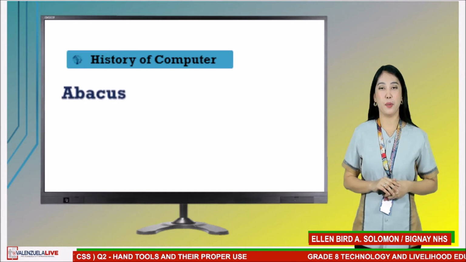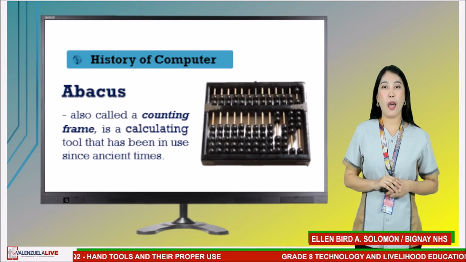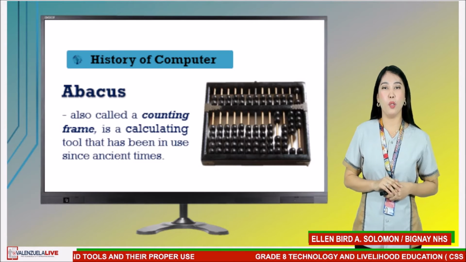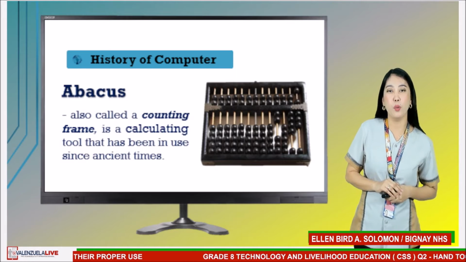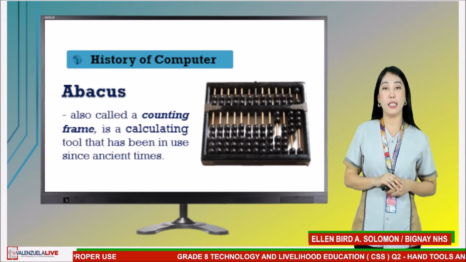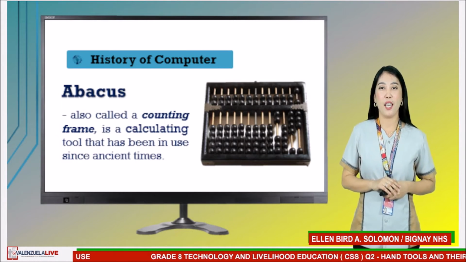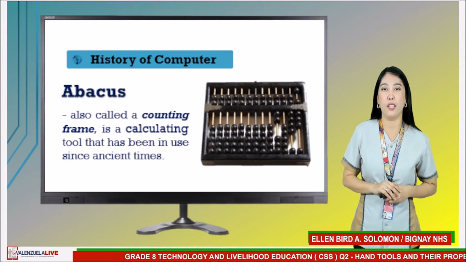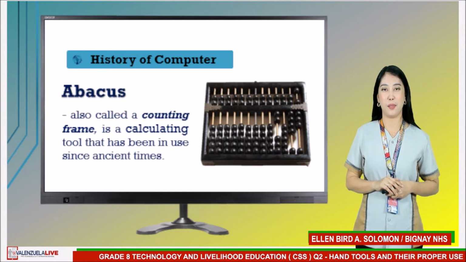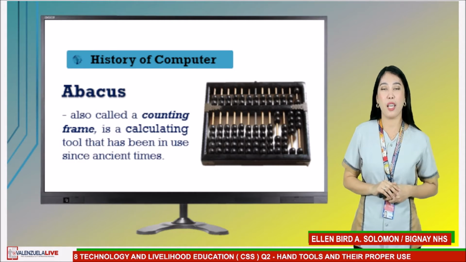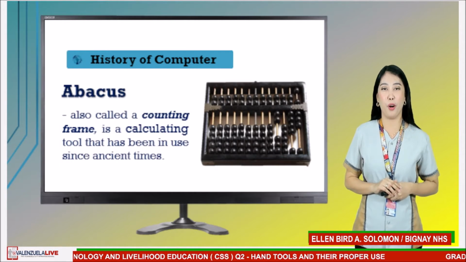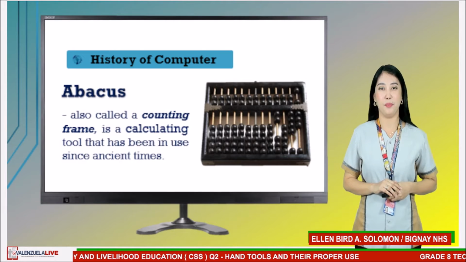The abacus. The abacus is also called a counting frame. It is a calculating tool that has been used since ancient times. The abacus was an early aid for mathematical computations. Its only value is that it aids the memory of the human performing the calculation.